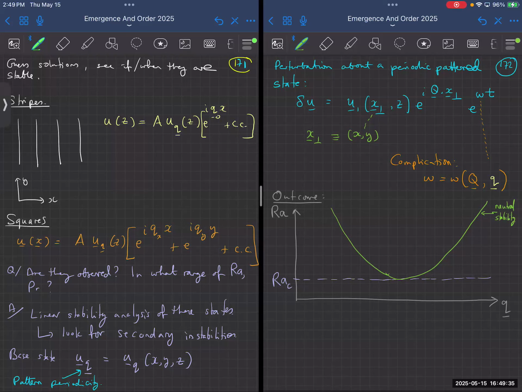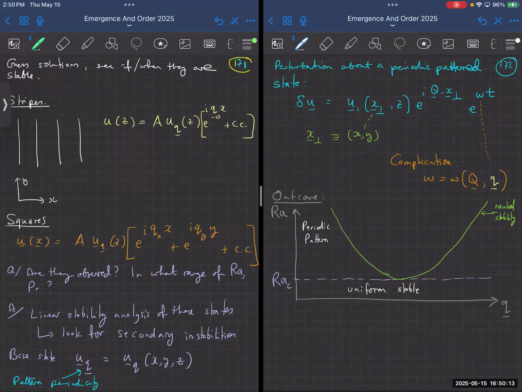Okay, so now when you look at this curve, what you're supposed to say is, in this whole region, a uniform pattern, i.e. no pattern at all, is stable. Above this neutral stability curve, it might be that a periodic pattern is stable, or it might be unstable.